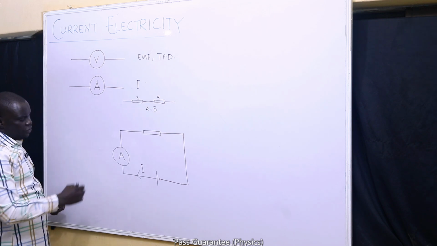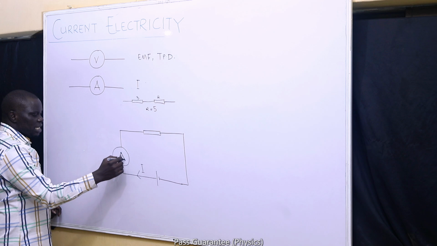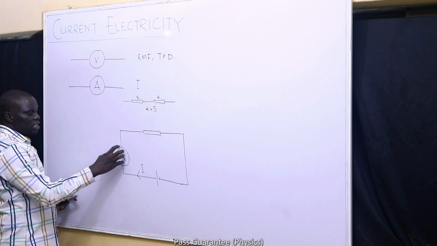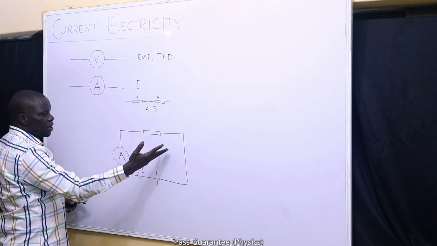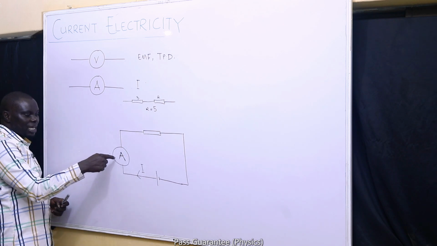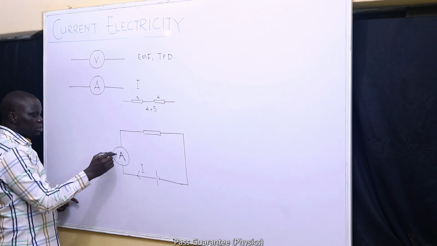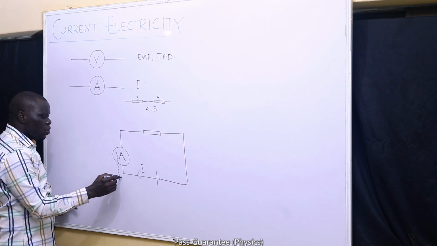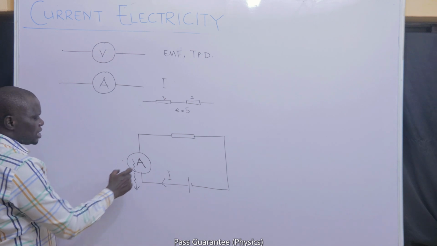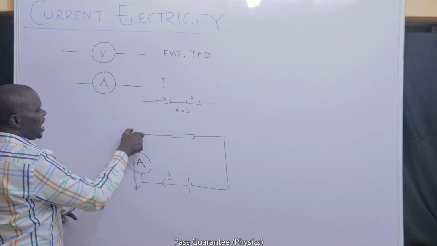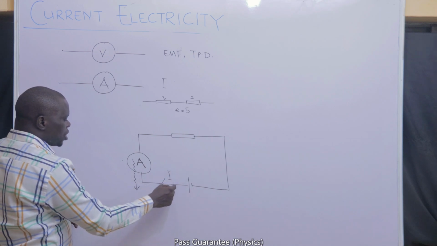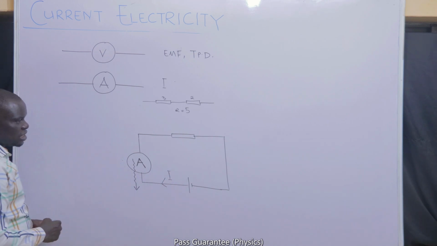So if we are to connect ammeters in series, and the function of that ammeter is not to significantly affect the values in our circuit, it means ammeters must be made with materials of very low resistance, so that its resistance will not significantly add to the resistance of the circuit, a situation that can reduce the current we are expecting out of this system.